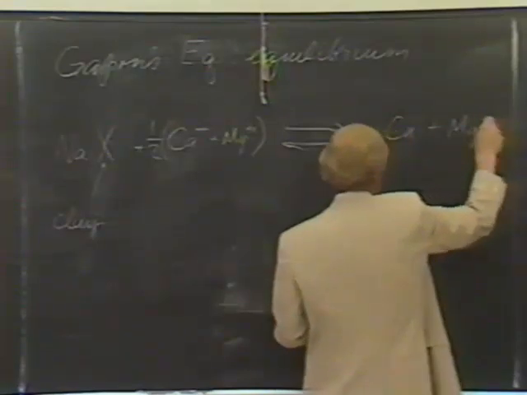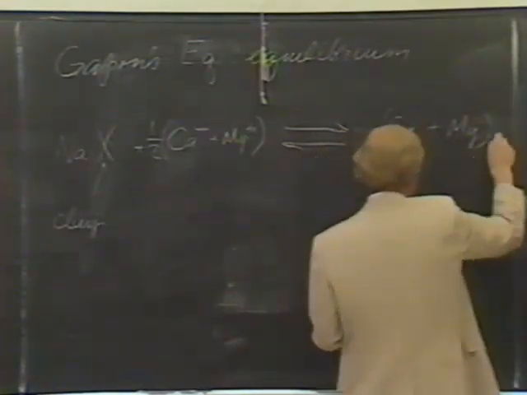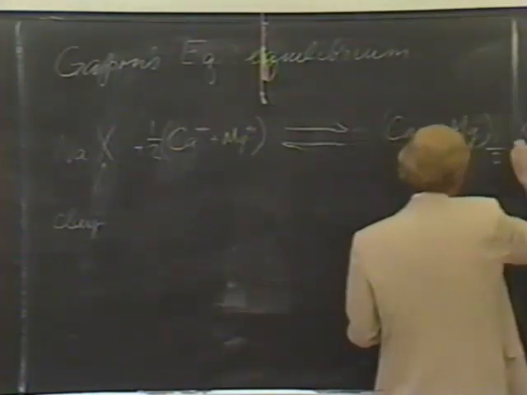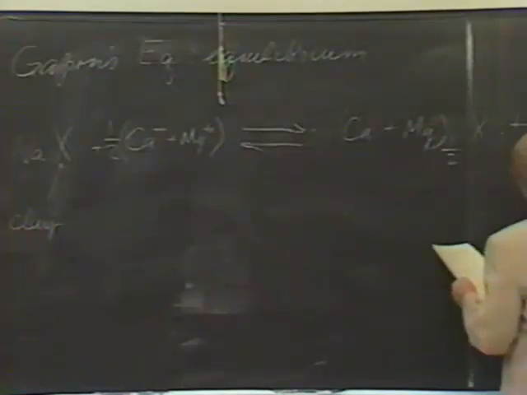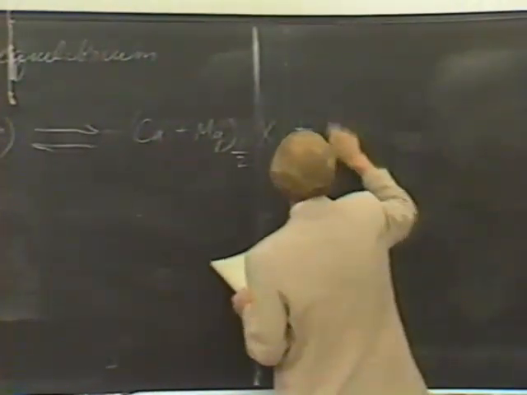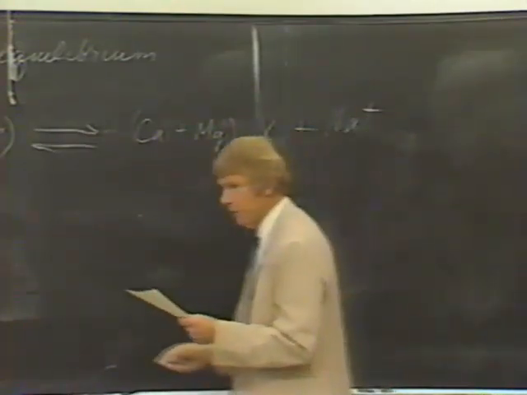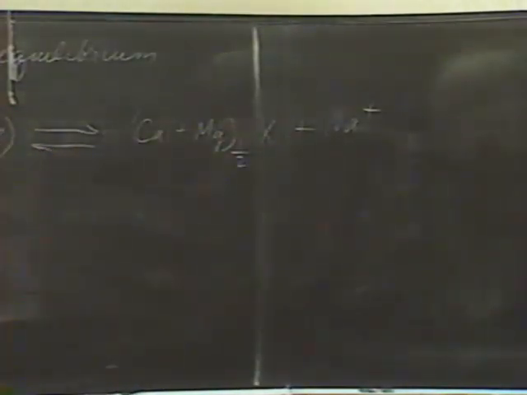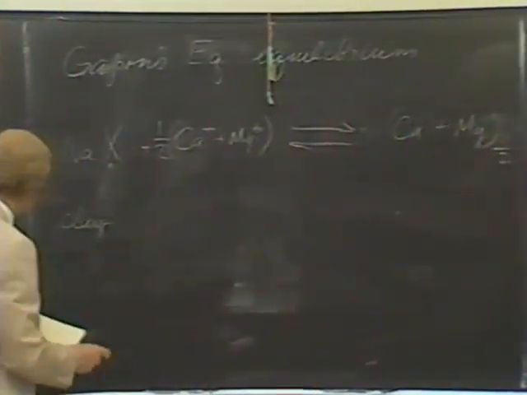So we can write an equilibrium constant, K, is equal to the product of the reaction, which is Ca Mg to the 1/2 power. Oh, wait a minute, I have this on the X particle here.